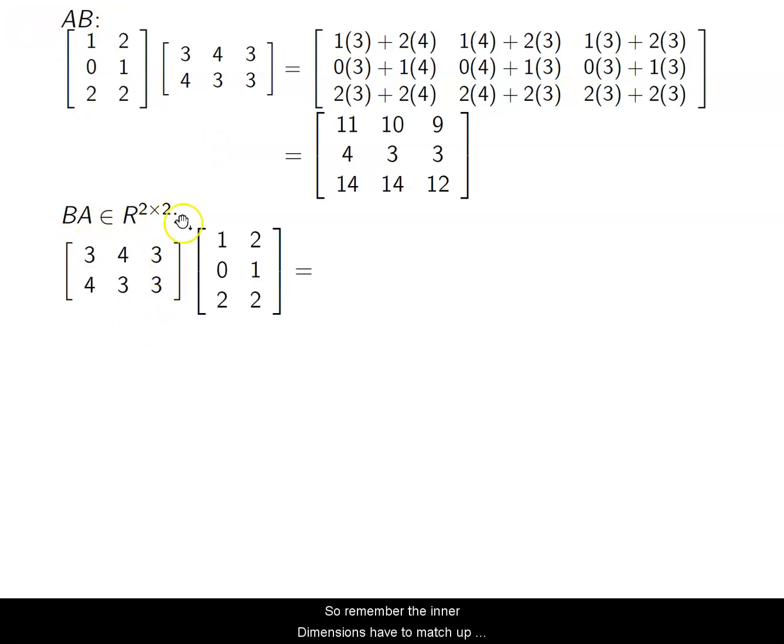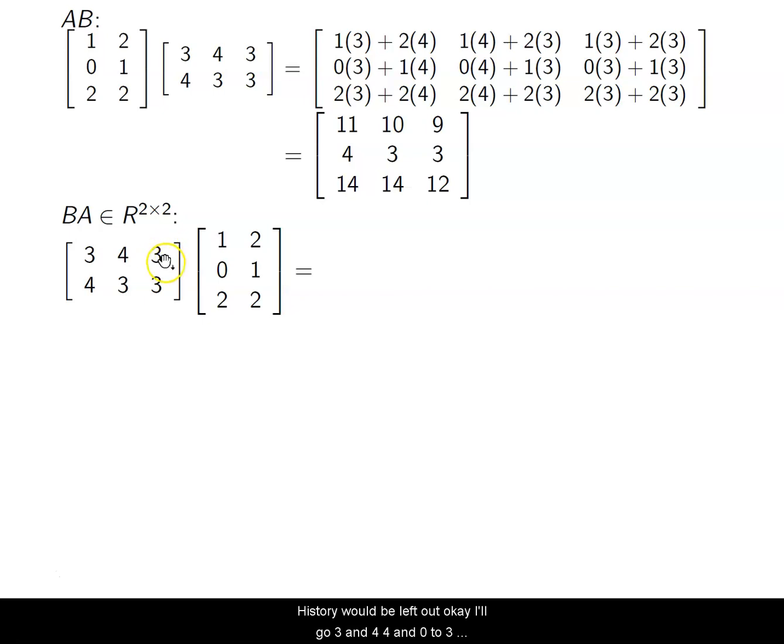So remember, the inner dimensions have to match up. The inner dimensions is 3 rows, 3 columns. That means that everything that I need to multiply here has enough stuff to multiply by, okay? Each entry here, 1, 2, 3, is going to multiply by something in here, 1, 2, 3. So instantly, if this was only 2 columns, or I'm sorry, 2 entries, there's no third row here.